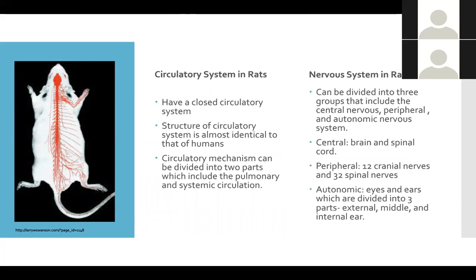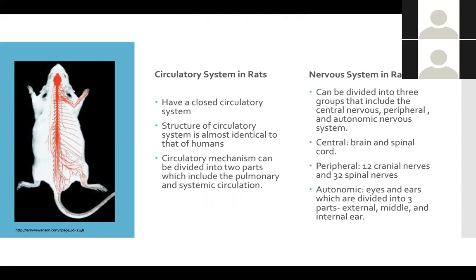Rats have an almost identical circulatory system structure as humans do. They have a closed circulatory system, which can be divided into 2 parts: the pulmonary and systemic circulation. As for the nervous system, 3 groups make it up. There is the central nervous system, which includes the brain and the spinal cord.